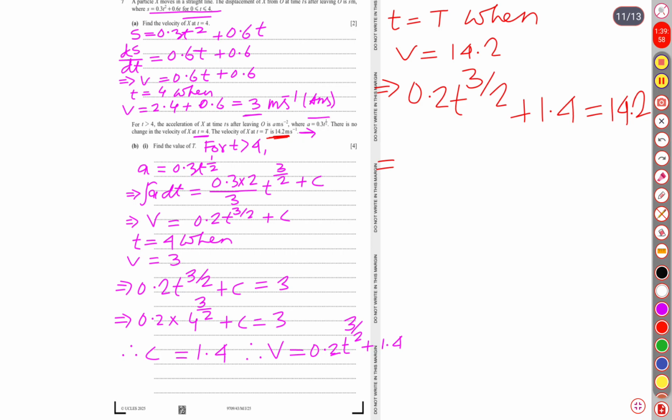Then if we substitute the value of T, it is going to be 0.2 T^(3/2), and if we subtract 1.4 from 14.2, it is 12.8. So 12.8.